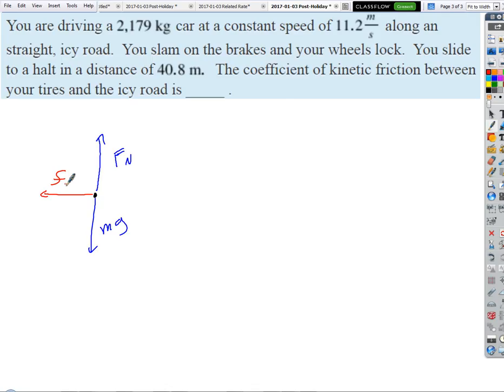But what about the car still sliding? Okay, you're right, it's still sliding, but there's not a force that's causing it to slide, right? Because what does Newton's first law say? An object in straight line motion stays in motion unless acted upon by an external force.